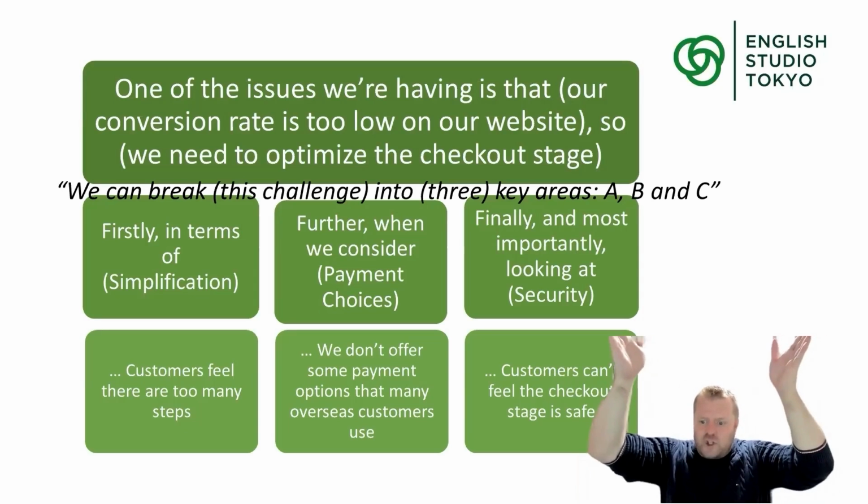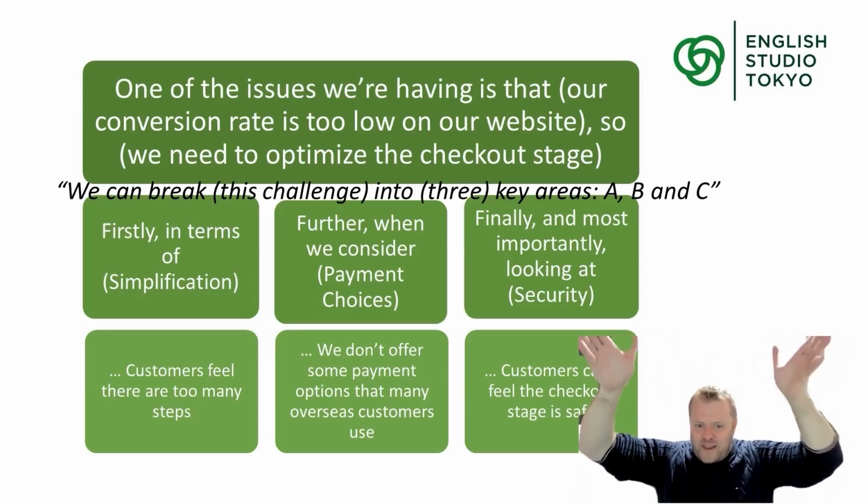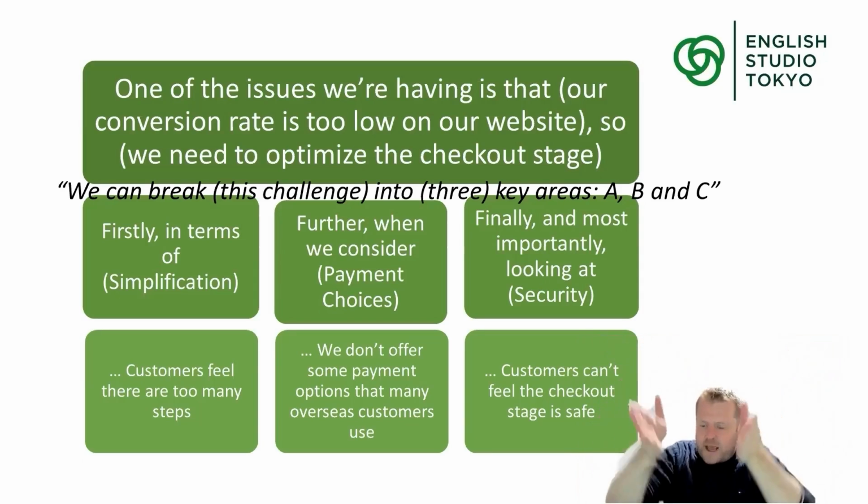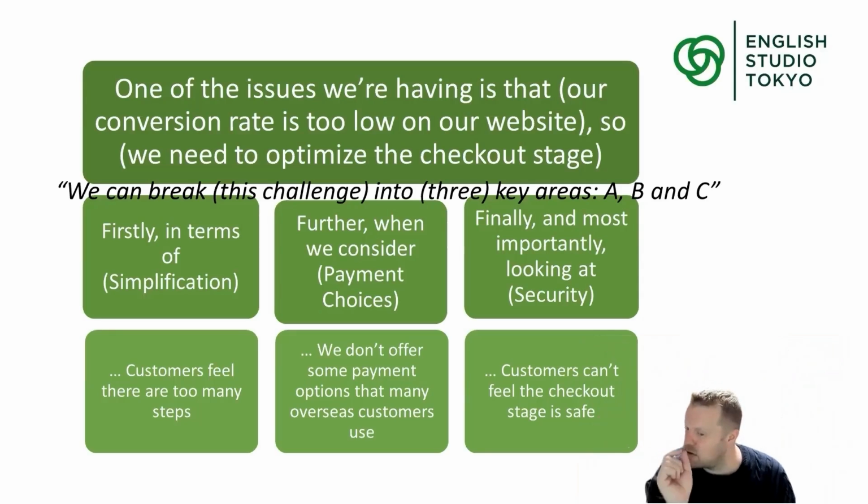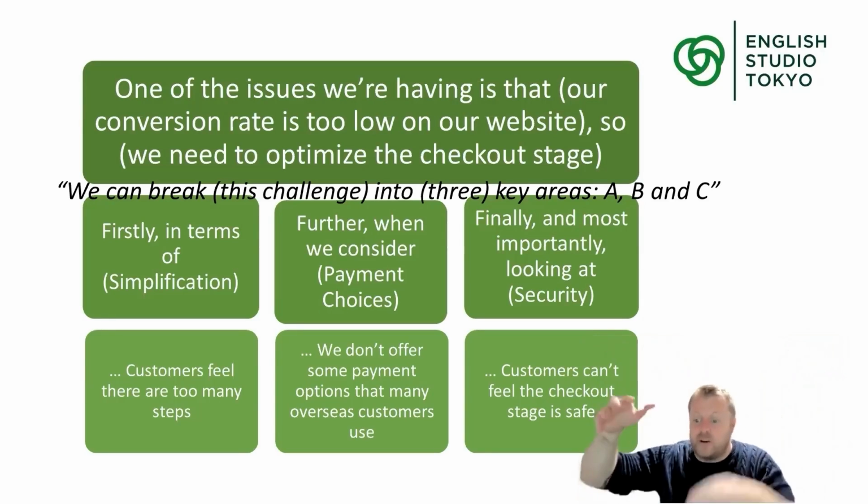And again, payment choices, that's my headline. We don't offer some payment options that many overseas customers use. That's my reason. Again, it's not too specific. It's not talking about which payment options we offer, which ones we don't offer. It's generalizing the reason.